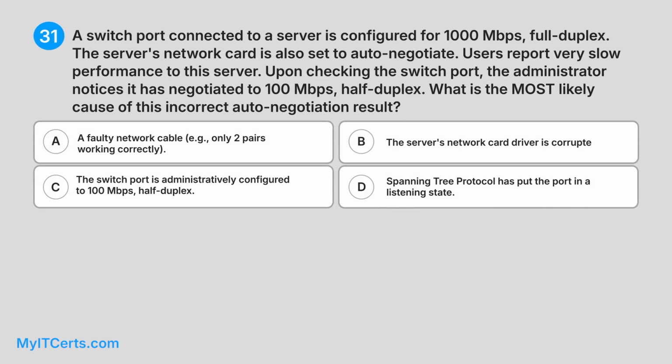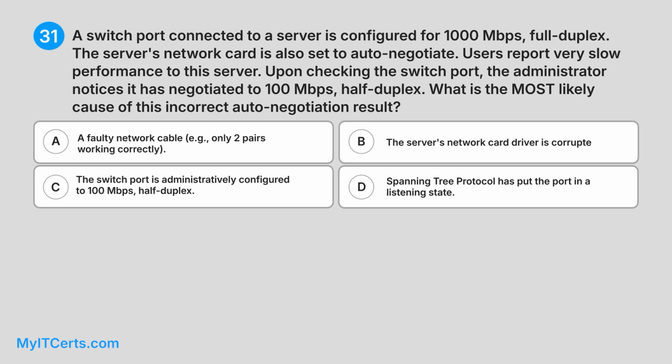31. A switch port connected to a server is configured for 1000 megabits per second, full duplex. The server's network card is also set to auto-negotiate. Users report very slow performance to this server. Upon checking the switch port, the administrator notices it has negotiated to 100 megabits per second, half duplex. What is the most likely cause of this incorrect auto-negotiation result?